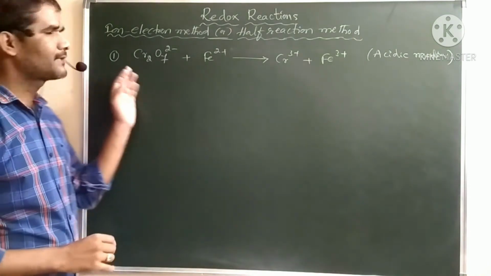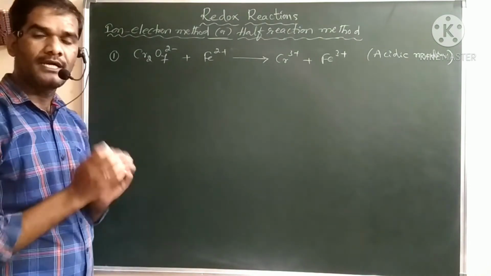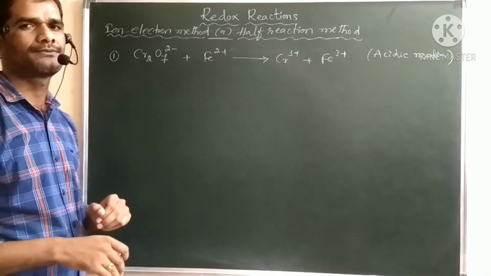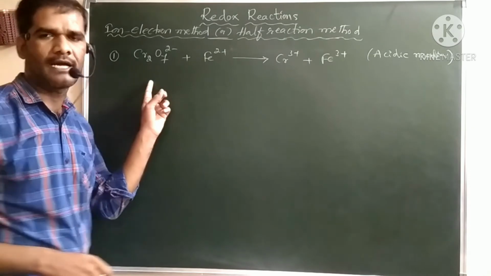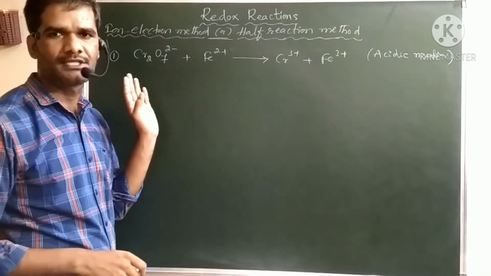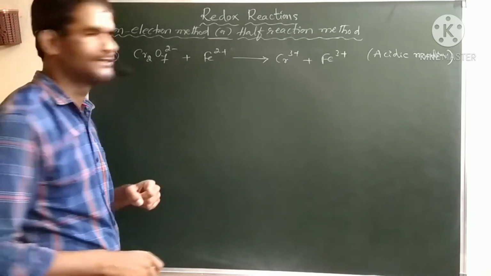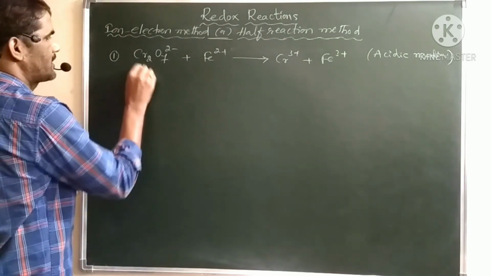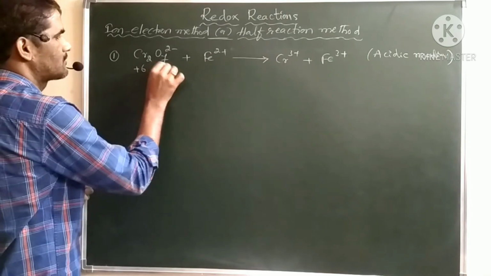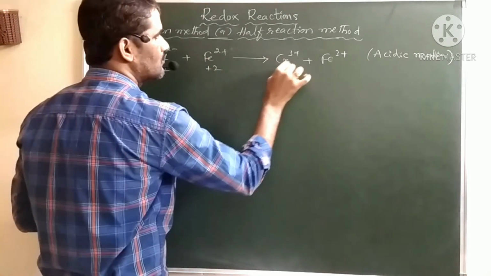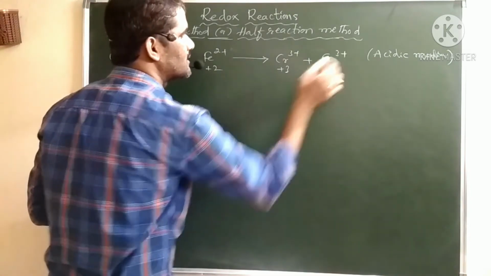So what is the first step in the ion electron method? First you have to identify the oxidation reaction and the reduction reaction. We have to make them separate. To identify them, first we have to identify the change in oxidation state. Then only we can identify which is the oxidizing species and which is the reducing species. Here chromium oxidation state is +6, oxygen -2, and iron has charge +2, and chromium +3 and iron +3.